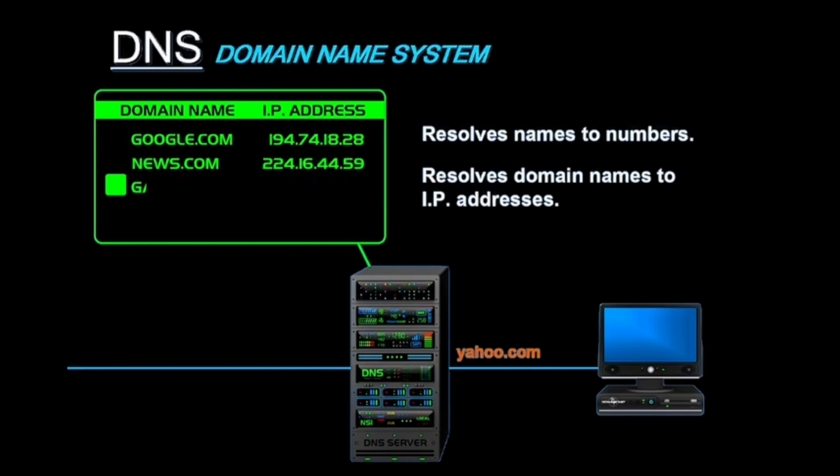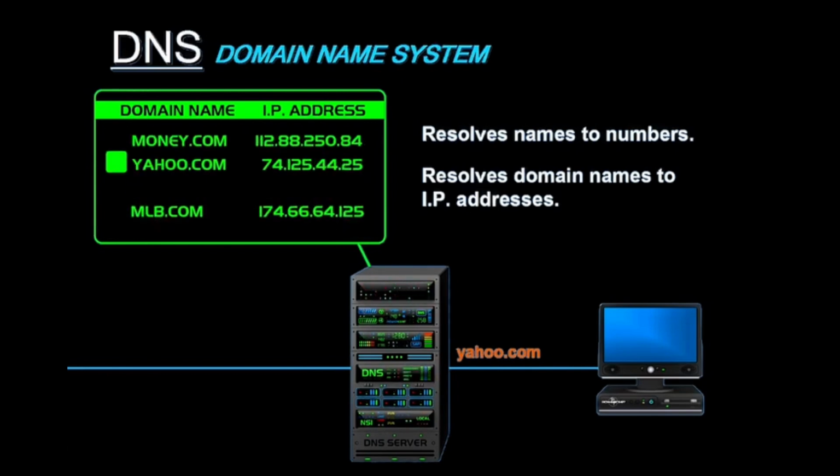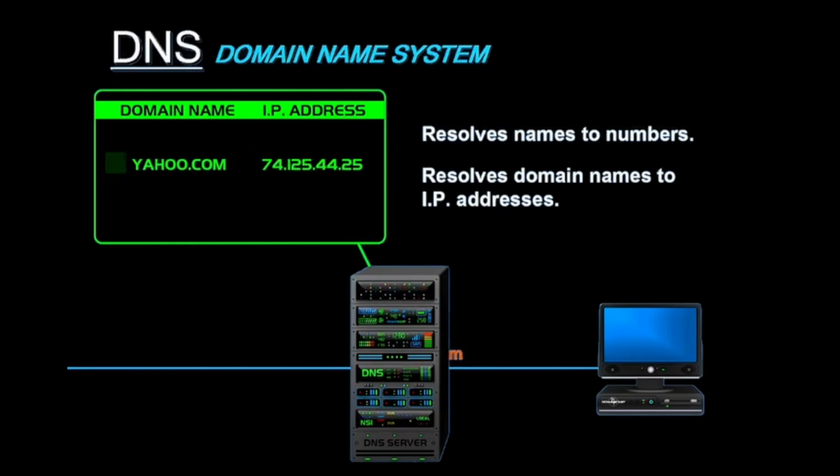And when it finds it, it will resolve that domain name to the IP address of the Yahoo website. Once that is done, your computer is able to communicate with the Yahoo web server and retrieve the web page. So DNS basically works like a phone book. When you want to find a number, you don't look up the number first. You look up the name first, then it will give you the number.